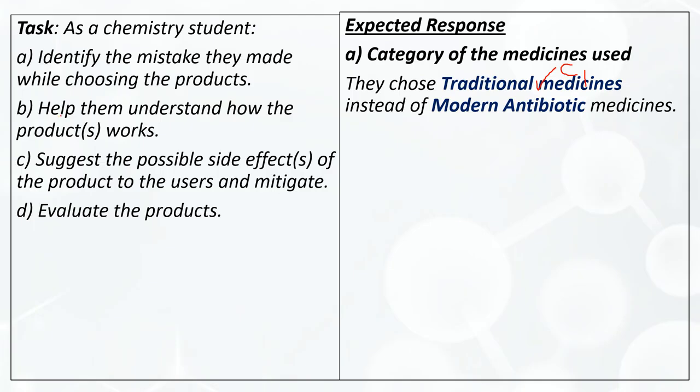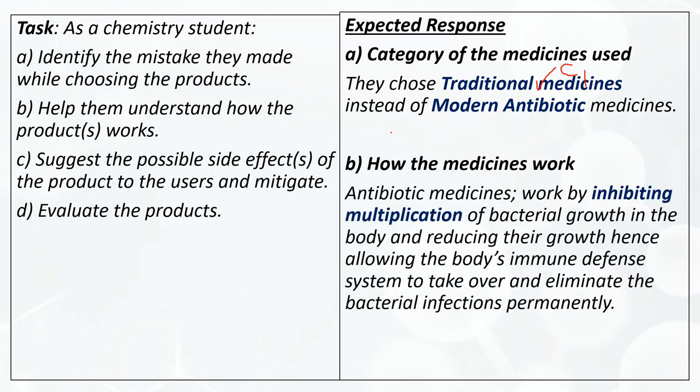Then part B, help them understand how the product works. When you talk about how the product works, you put out the function of the product. Let's look at how the medicine works. Which medicine is it? The antibiotic medicine.